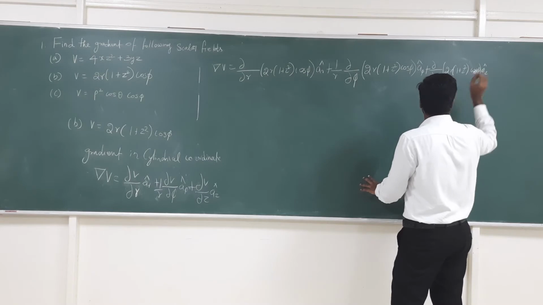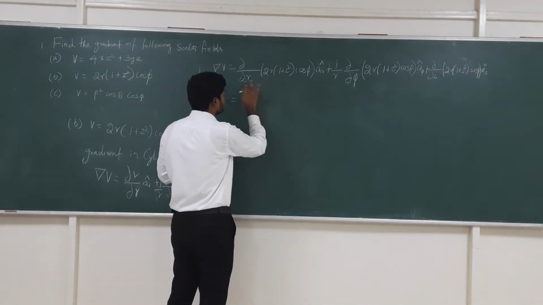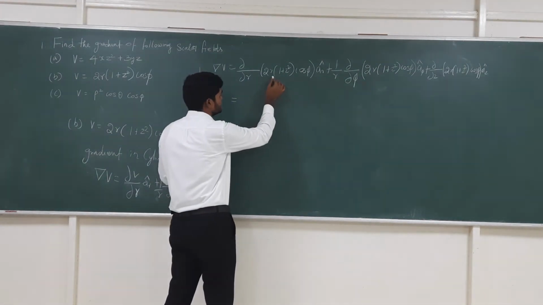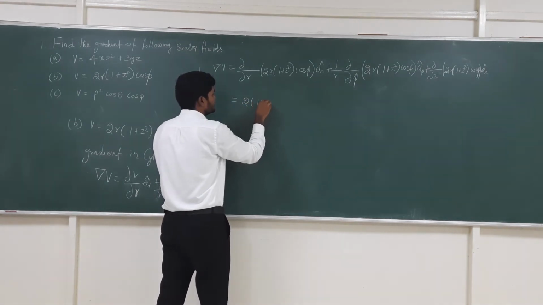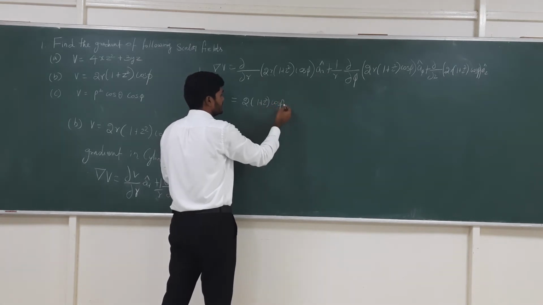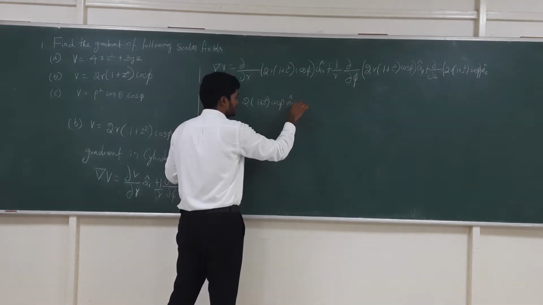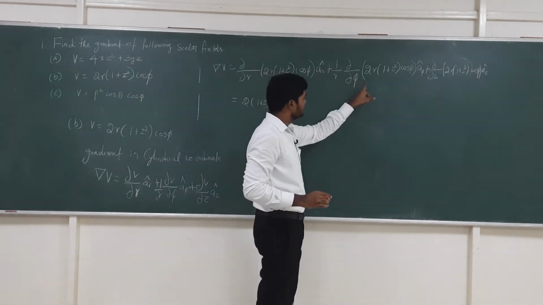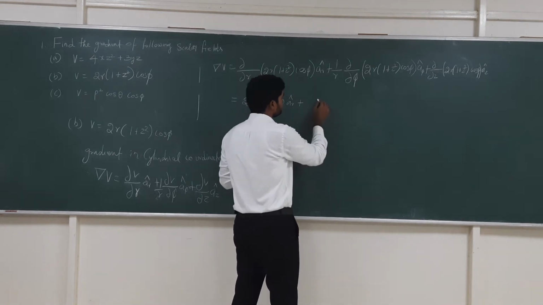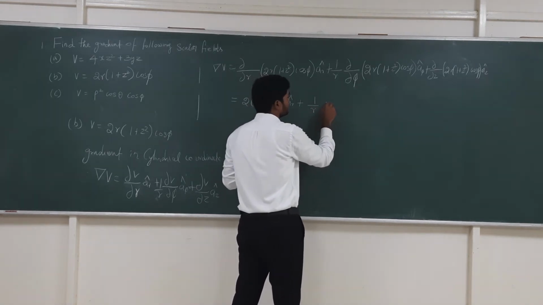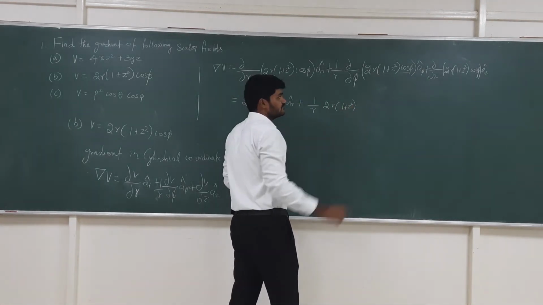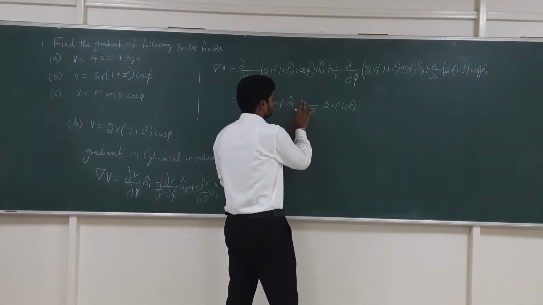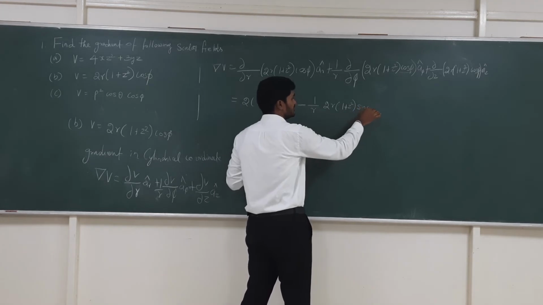Now differentiate the first term with respect to r. r becomes 1, so we get 2(1 plus z²) cos φ ar cap. Plus, differentiate with respect to φ: 1/r times 2r(1 plus z²), and differentiating cos φ with respect to φ gives minus sin φ.